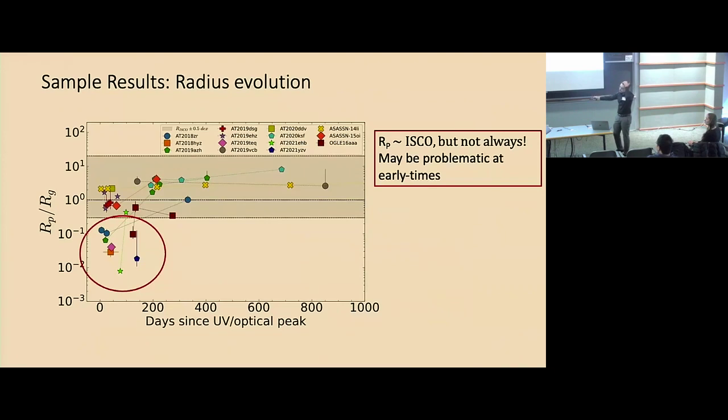That's less than ISCO, independent of the model. It's even worse if you do a single temperature black body instead of a disk model, which was the case in one of Andrew's papers. But even with the disk model, this is simply too faint and too hot to be the peak of the disk. Okay, got it. Thank you. I just wanted to clarify the modeling.